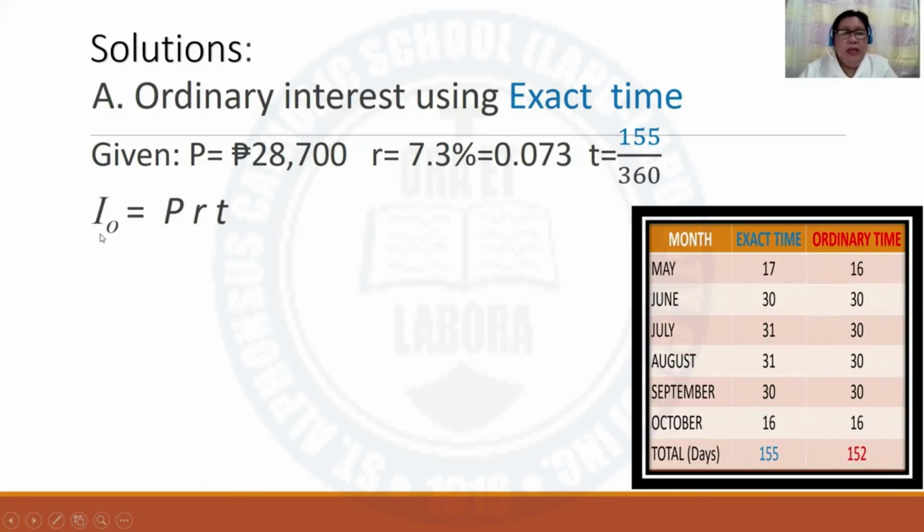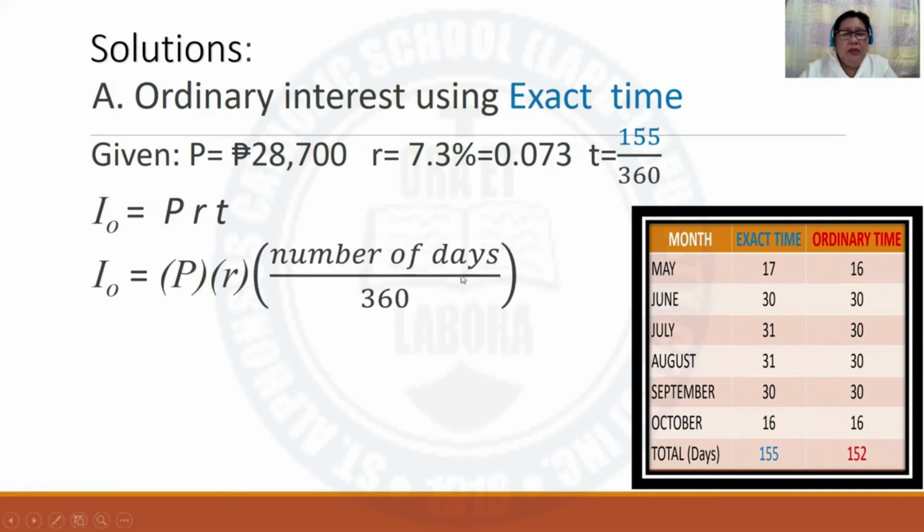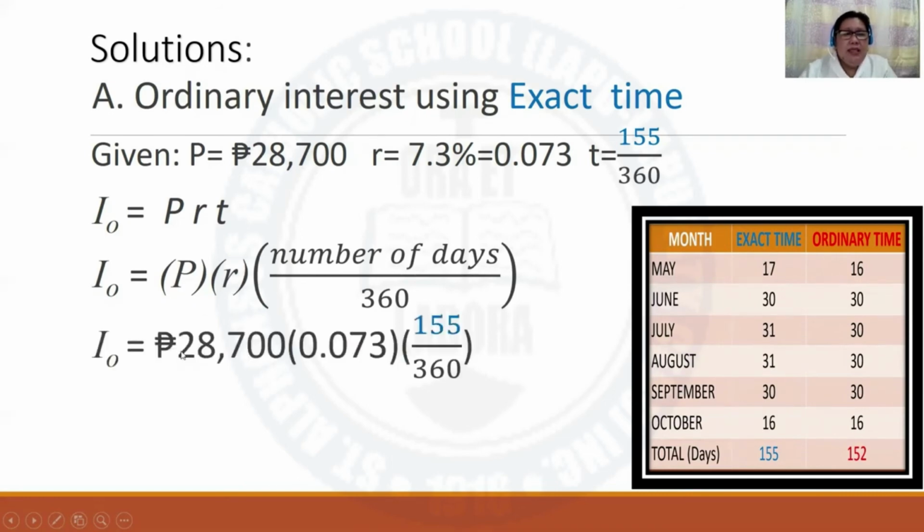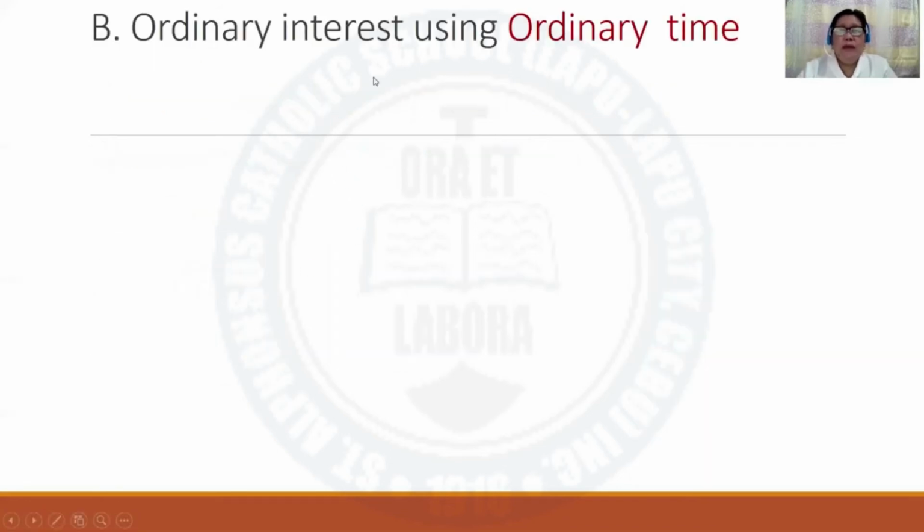So the formula is I sub O is equal to PRT, and we convert T into the number of days over 360 for ordinary interest. Substitute 28,700 times 0.073 times 155 over 360, and multiply. The result is 902.06 pesos.